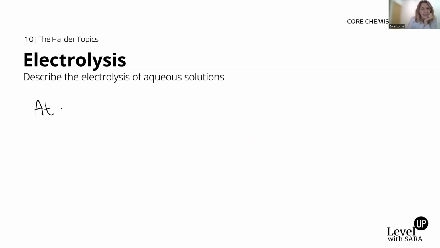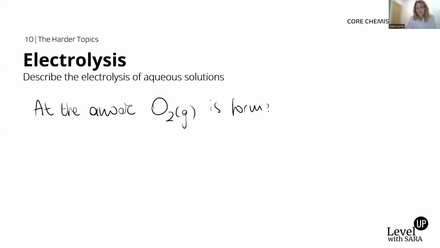At the anode, oxygen gas is formed unless a halogen is present.